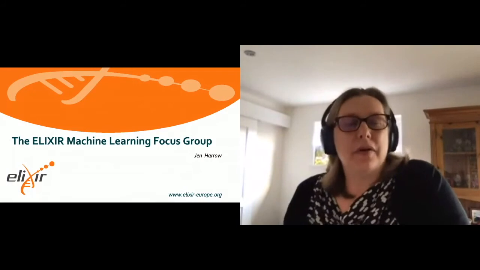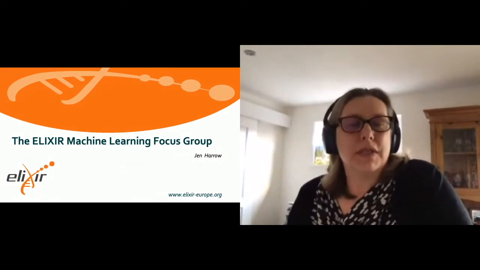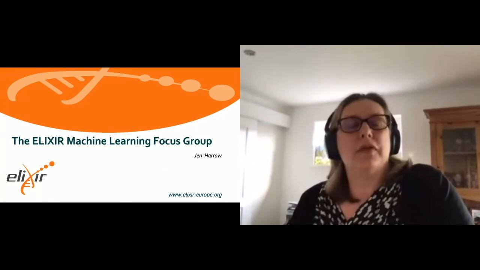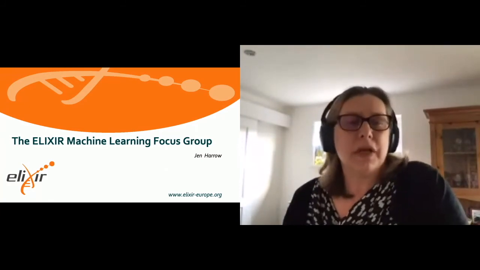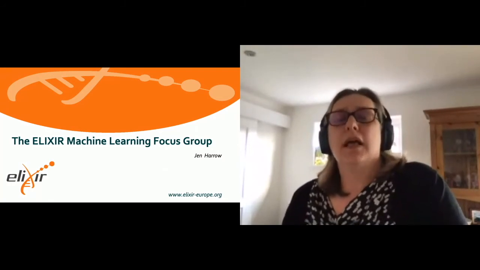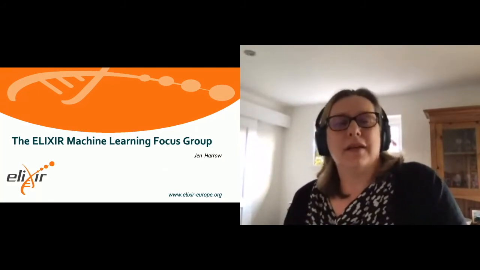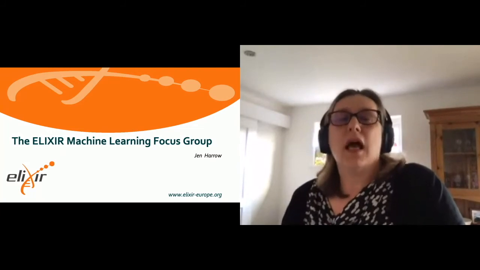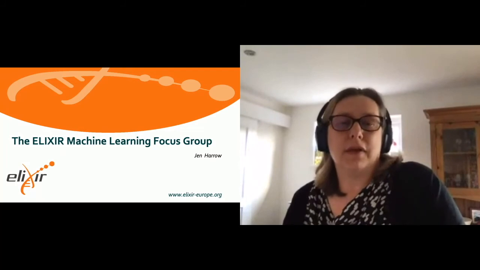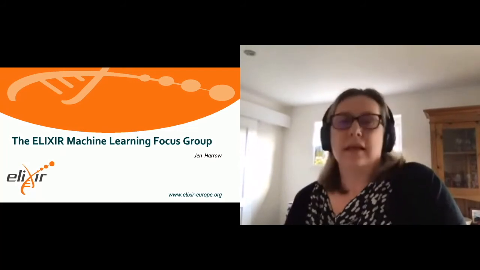I'm Jen Harrow, the tools coordinator at Elixir, and I wanted to give you an introduction, a little bit of an overview of Elixir, because I know with RDA and some of the workshops there's been a little bit of querying about Elixir, and then I'll go into what the focus of the machine learning group is.